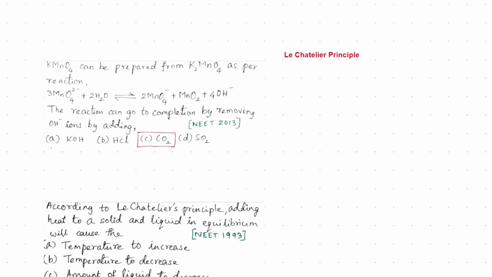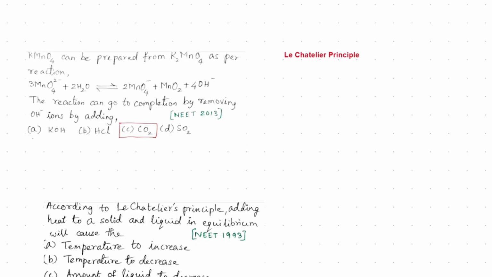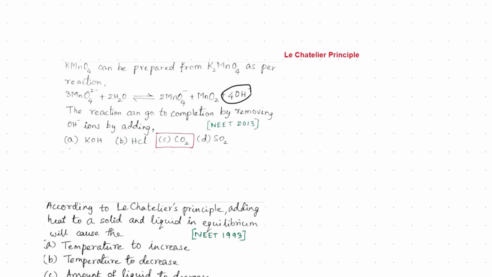According to Le Chatelier's principle, if you remove OH minus ions, then this reaction will proceed in the forward direction. To remove hydroxide ions, we have to add an acid. So option A is ruled out. KOH is a base. So the correct answer is either B, C or D.